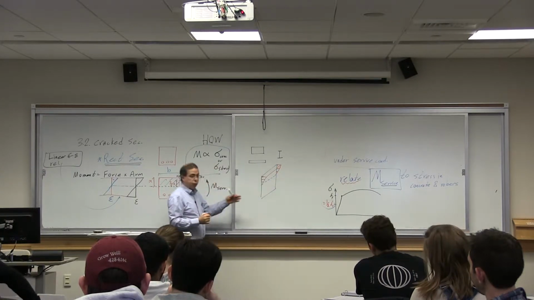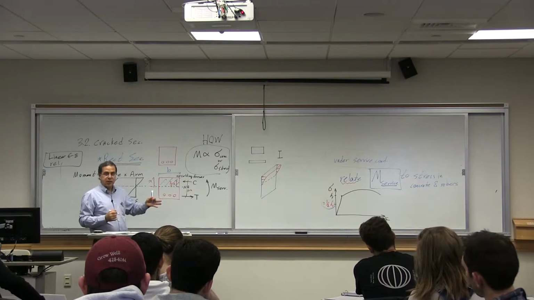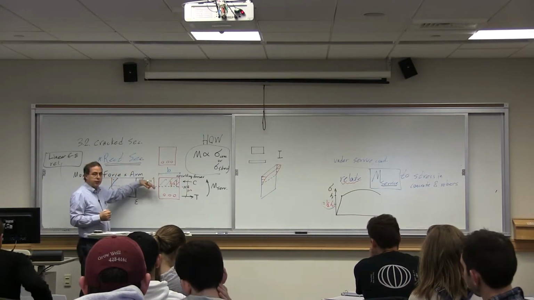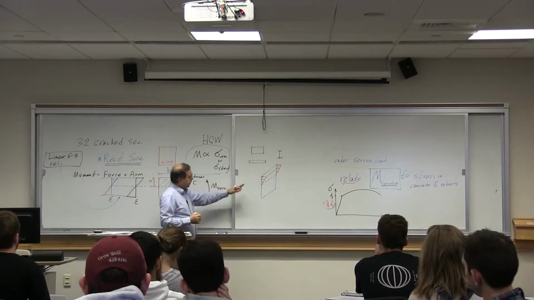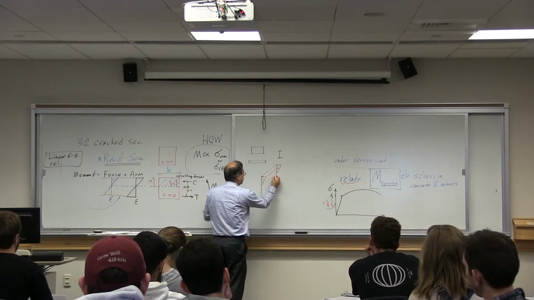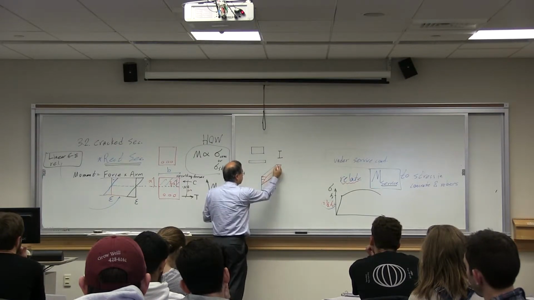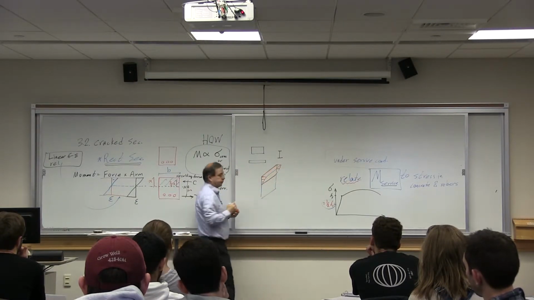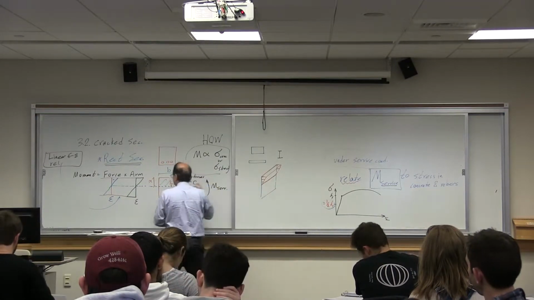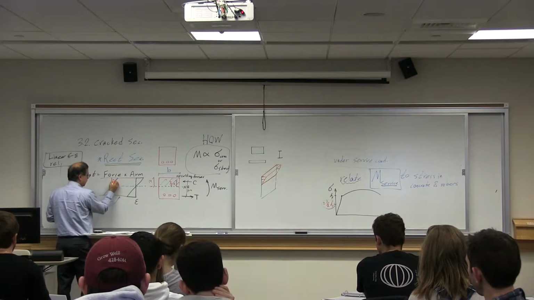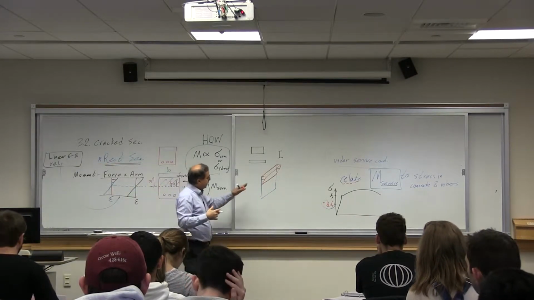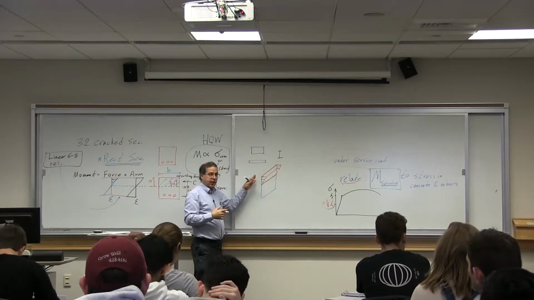If you think about this blue as your cross section and think about the compressive zone, the compressive zone is under a state of stress that has this geometry. So if you look at it from sideways, this is what you see. If you visualize it in 3D, this is the state of stress.